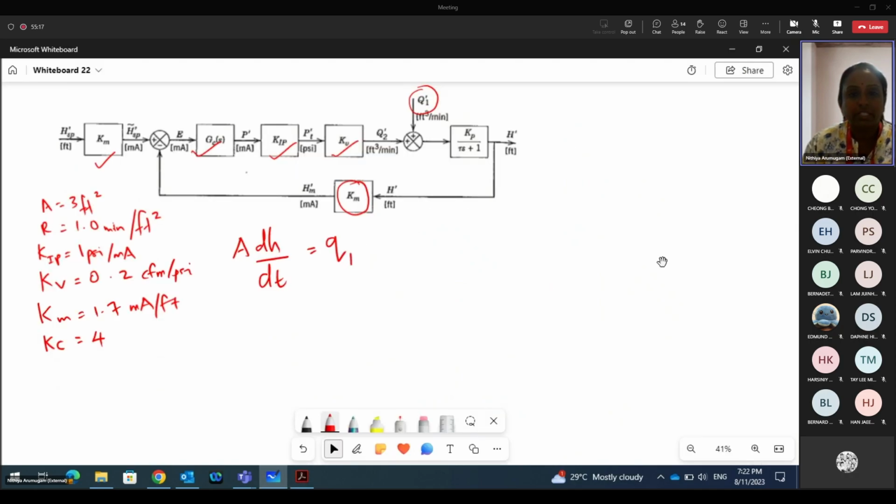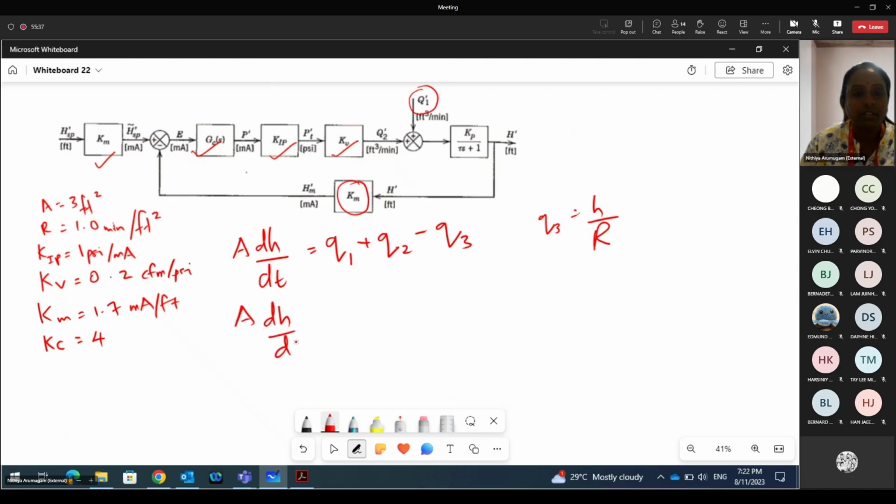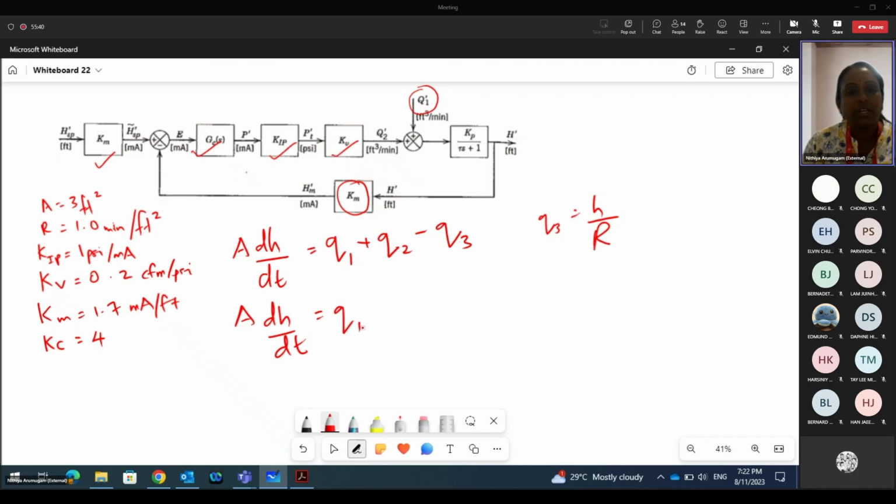So meaning the sum of the inputs, Q1 plus Q2, minus Q3. Q3 is basically the head flow relation, so H over R. This one we have seen in the lecture session. So we can replace that here: Q1 plus Q2 minus H over R.